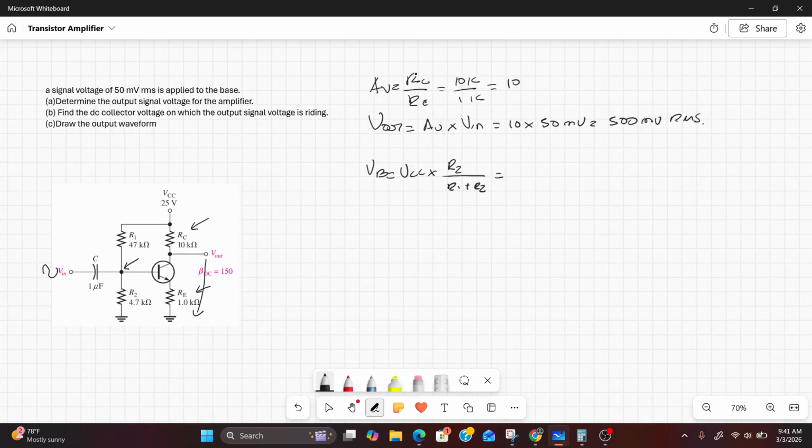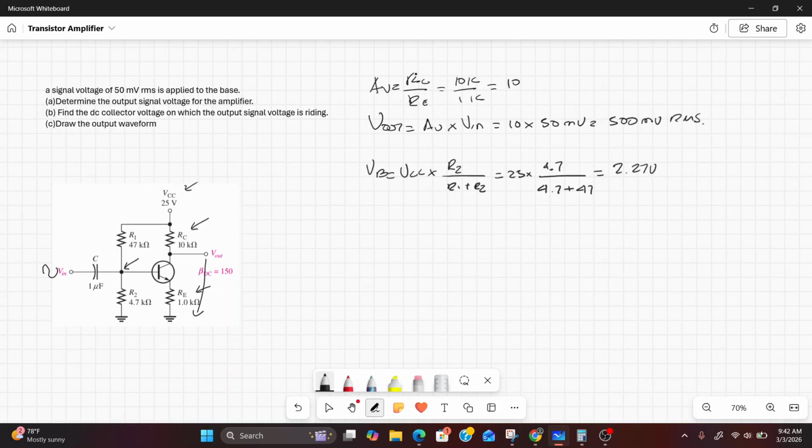VCC is 25 volts, the voltage of the power supply, times, they're both kilo ohms, so I'm going to say 4.7 over 4.7 plus 47, and this is equal to 2.27 volts.